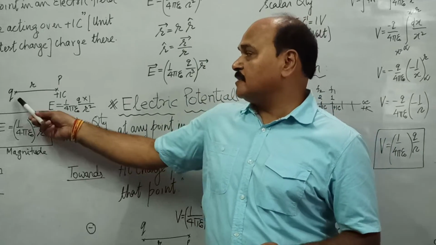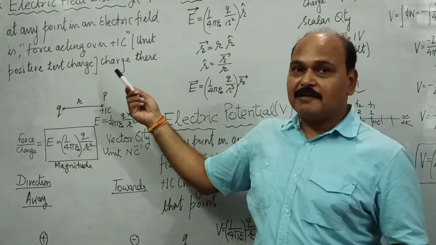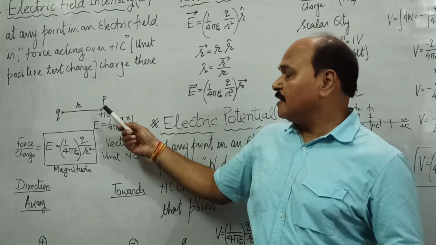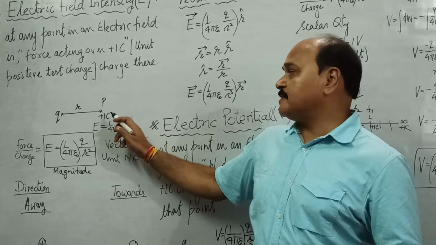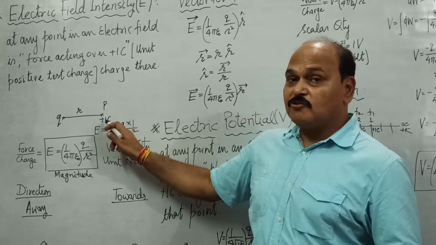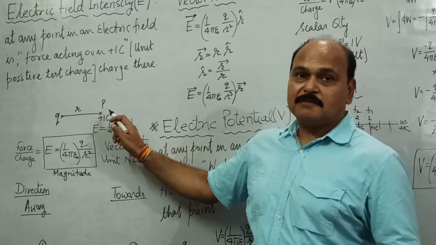This is point charge Q. All around this point charge Q we have its electric field. This is an arbitrary point in its field, and if we place here plus 1 Coulomb charge, then whatever force acts over this particular charge is going to be the value of electric field intensity here.